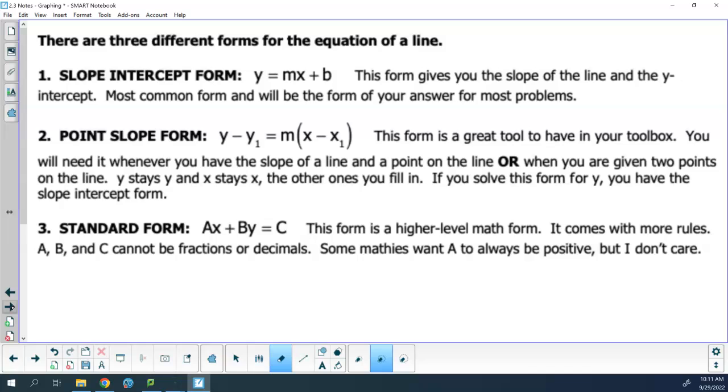Nine times out of 10, it will also be the form of your answer. So if the question doesn't say to give it in a specific form, then usually you will give y equals mx plus b. The second one is the point-slope form of a line, and this form is a great tool to have in your toolbox.